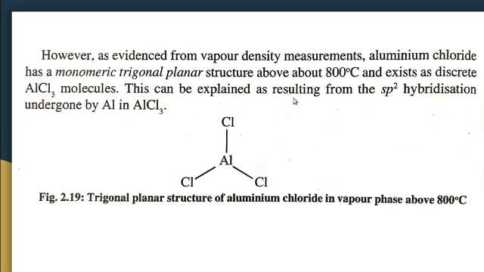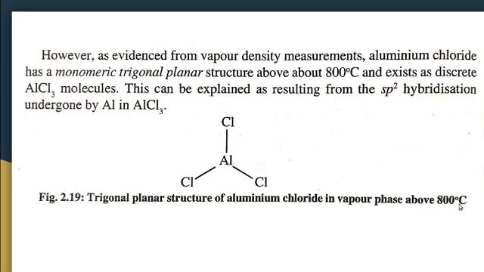At temperatures around 400 degrees Celsius, it has sp3 hybridization. Now at around 800 degrees Celsius, it has sp2 hybridization. Aluminium has sp2 hybridization and also adopts a trigonal planar structure.